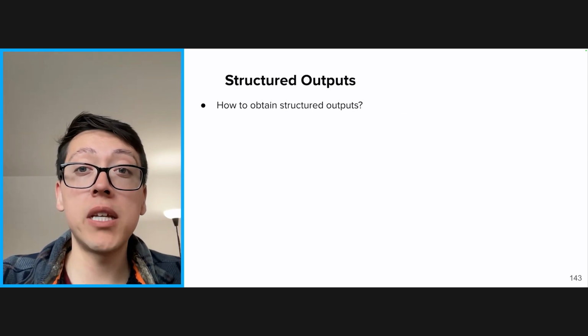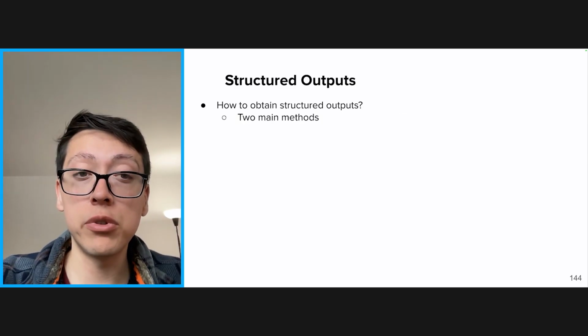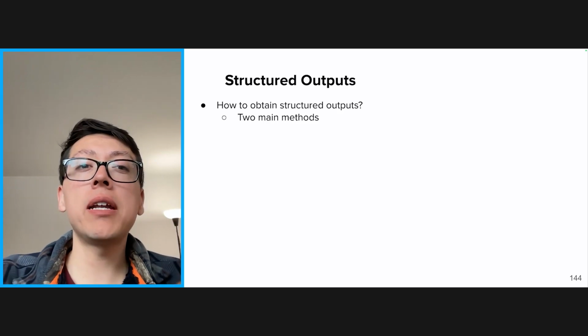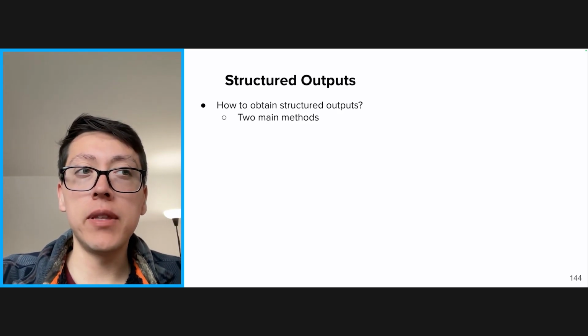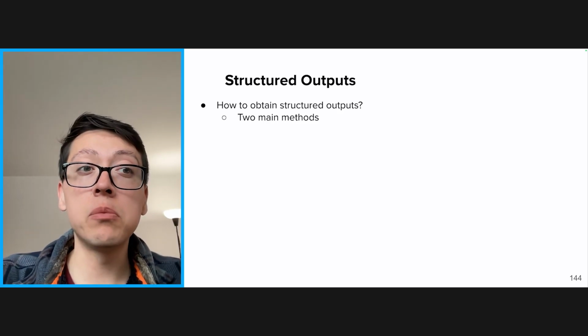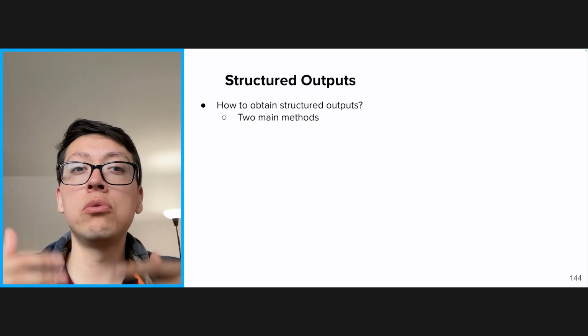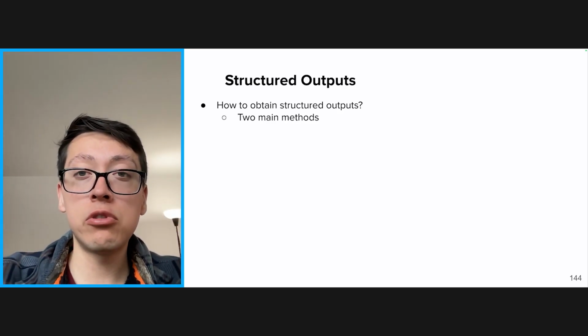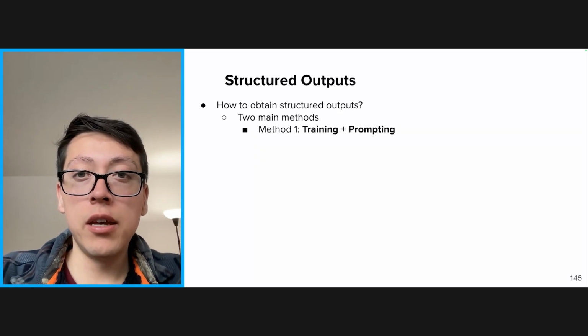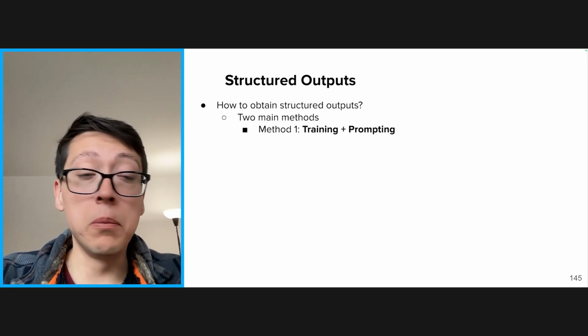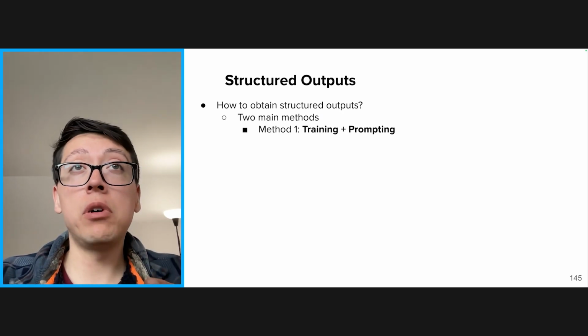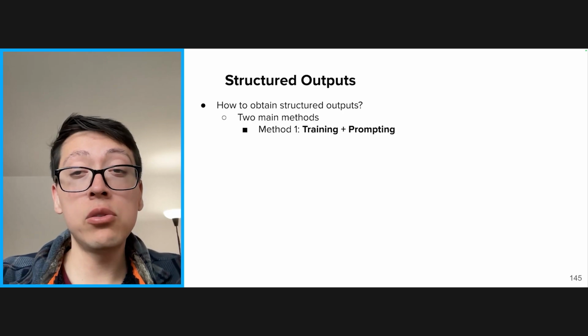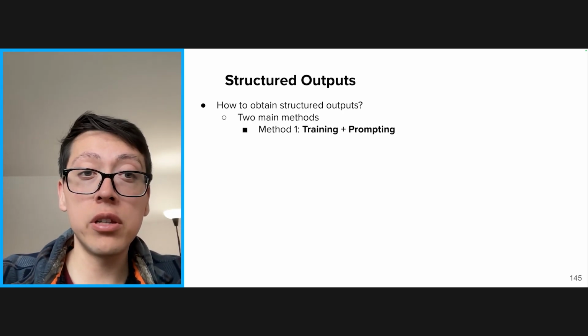How can we obtain these structured outputs? Well, there's two main methods that people developing these models use to allow us to use structured outputs. The first method is simply to train the model to do it and also include the instruction within the prompt.